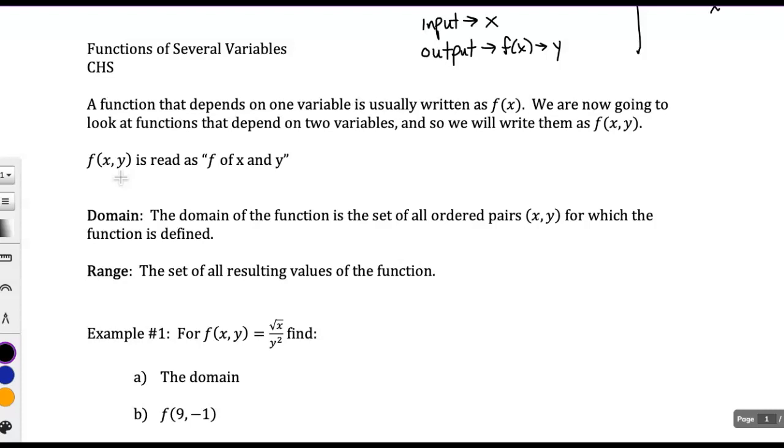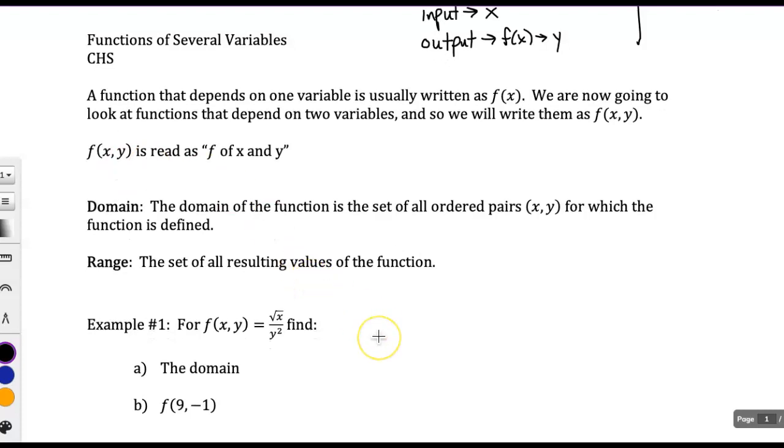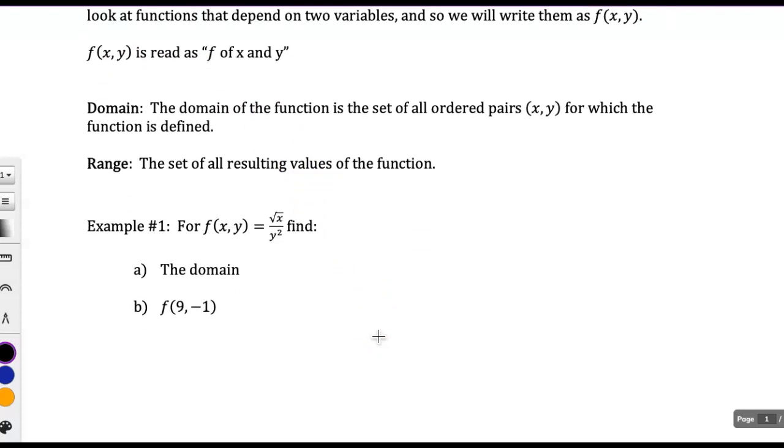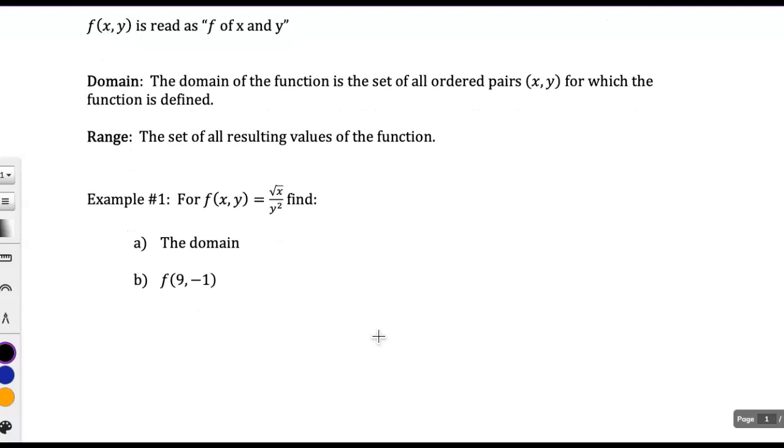One of the things you're going to be asked to do is find the domain of one of these functions, and all you have to realize is that the domain depends on both variables. So x and y are both input now. When you say what the domain is, you have to state what x is allowed to be or not allowed to be, and you also have to do the same thing with y.